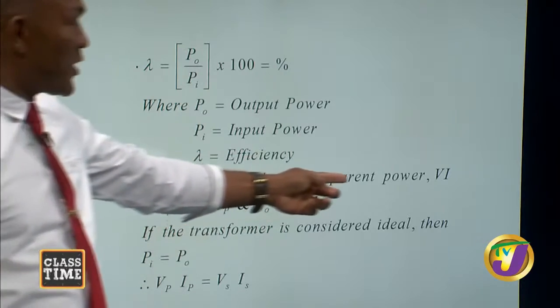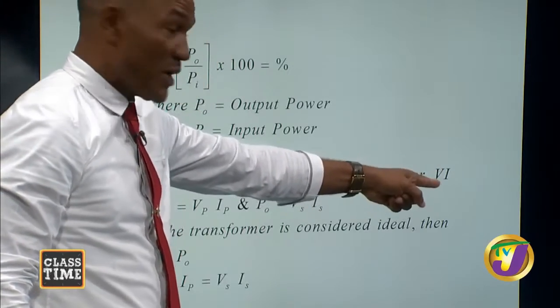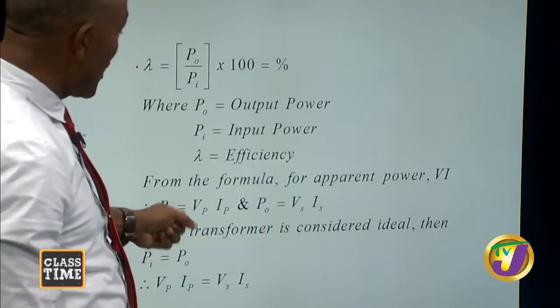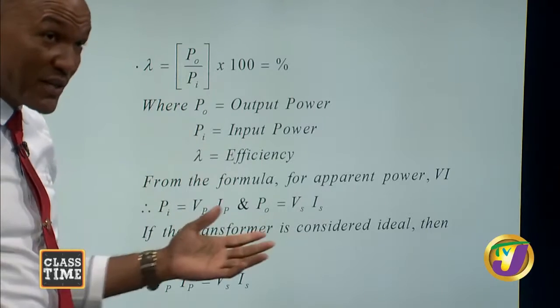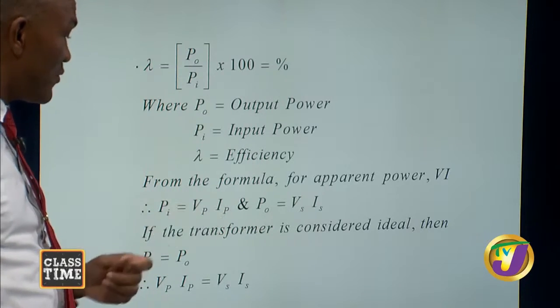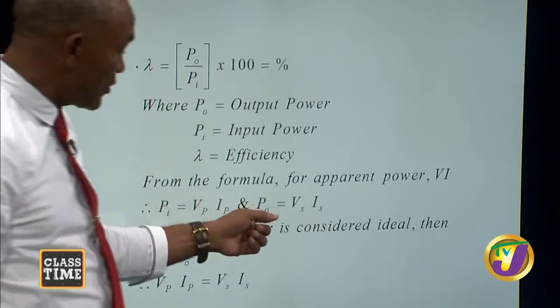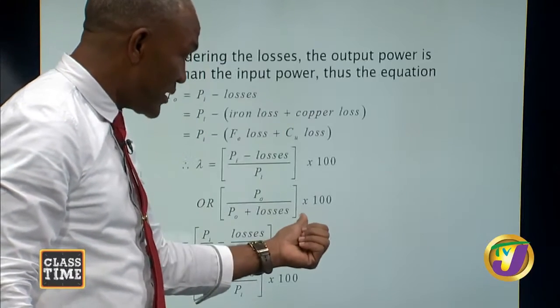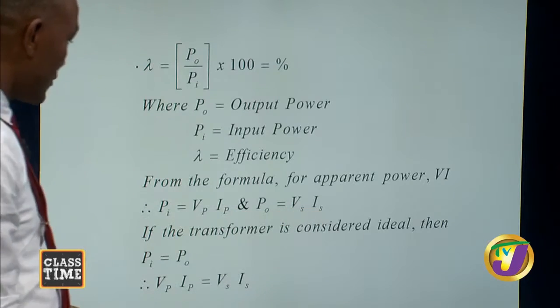From the formula for apparent power, VI, which means V multiplied by I, power in would be primary voltage, of course, not secondary, not just any voltage, but your primary voltage multiplied by your primary current, and your power out would be your secondary voltage multiplied by your secondary current.